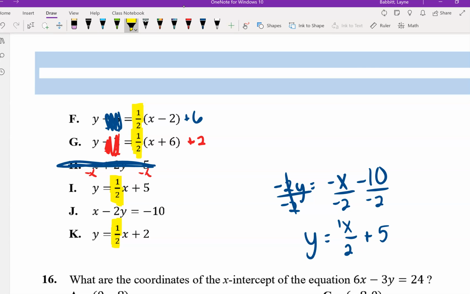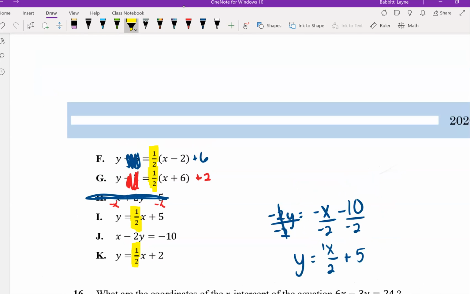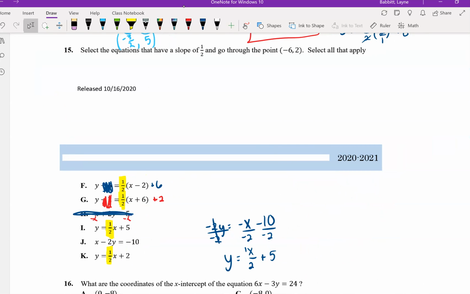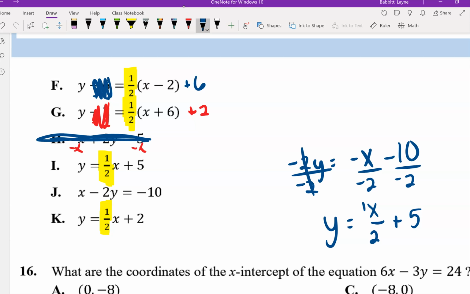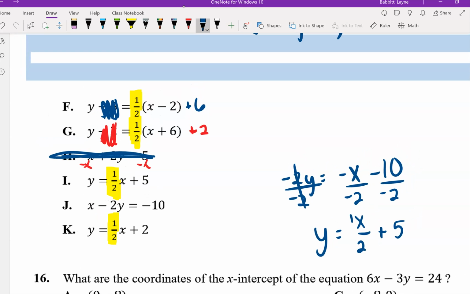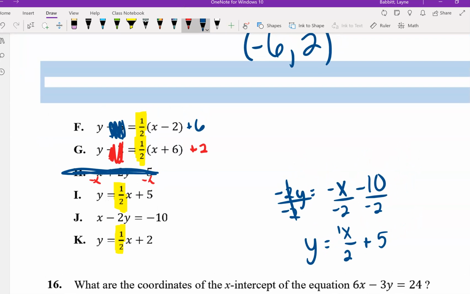So I'm going to plug in, or really just check to see that it contains the point. I'm going to write it down here so it's easy to see. Negative 6, 2. All right. Now I'm plugging in negative 6, 2 to the first one. So 2 goes in for the y. And then 1/2 times negative 6 goes in for the x.